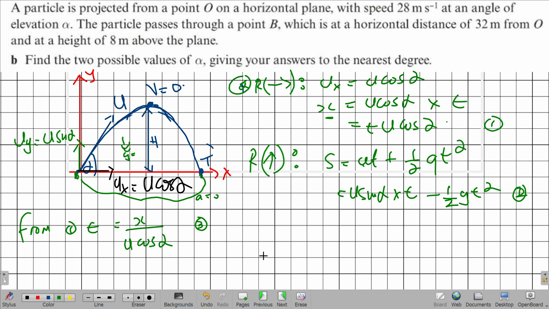Next, we substitute equation 3 into equation 2 so that we can eliminate t in equation 2.